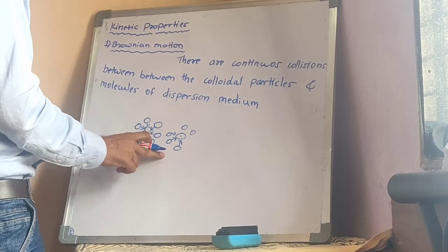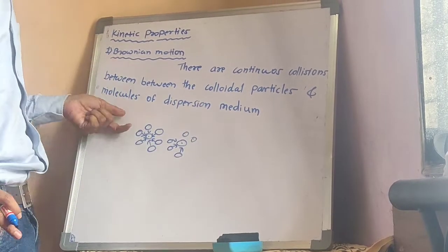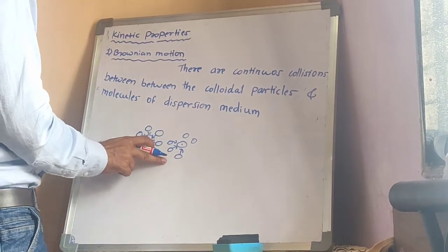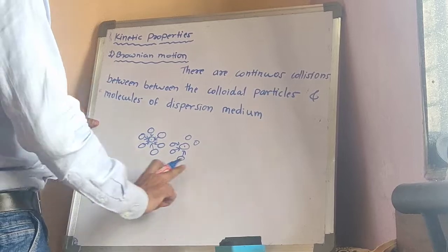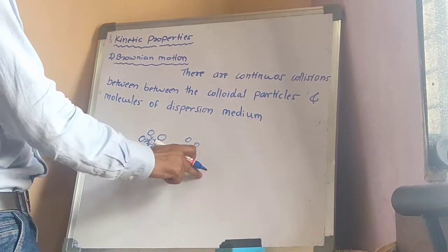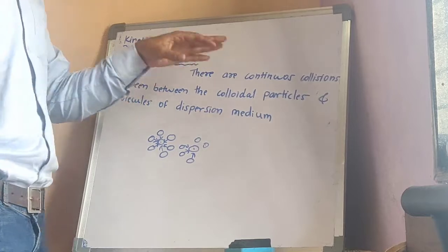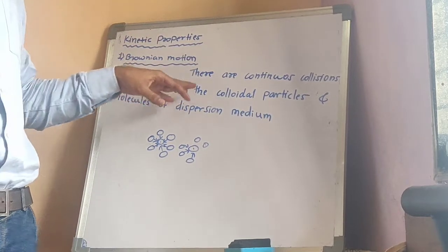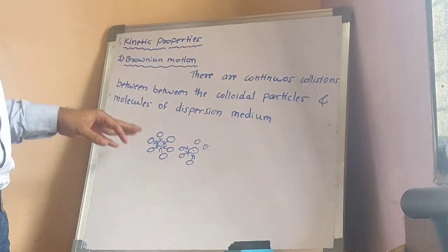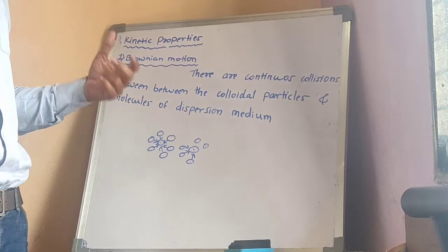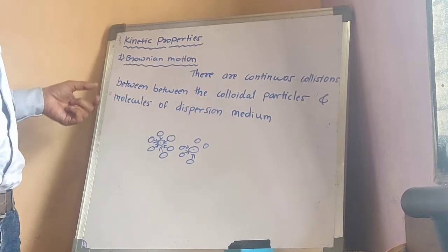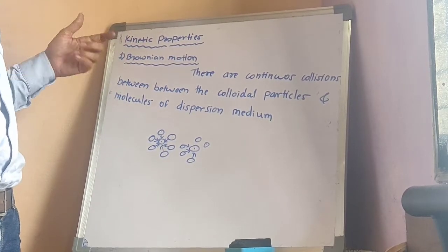That random motion of the dispersed particle in the colloidal dispersion is called Brownian motion. So there is continuous collision between the colloidal particles and molecules of the dispersion medium. This is called Brownian motion.